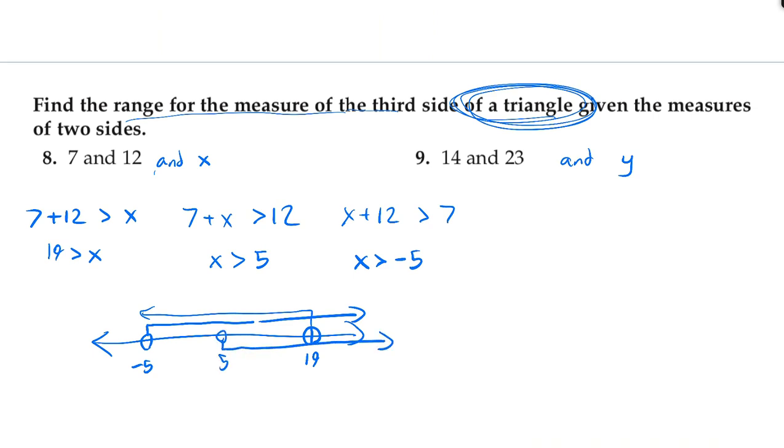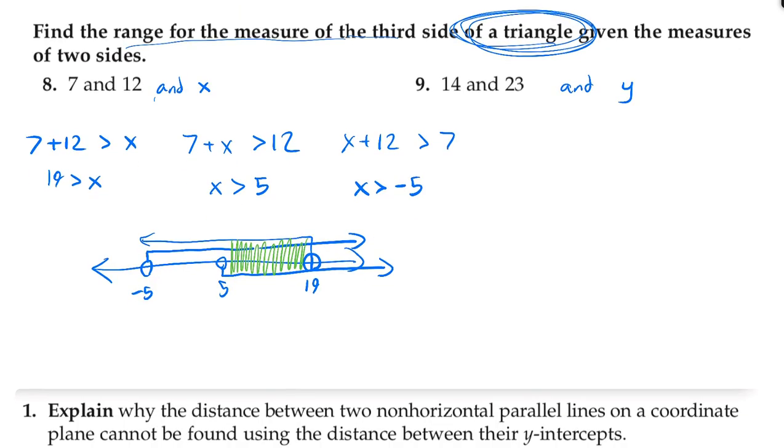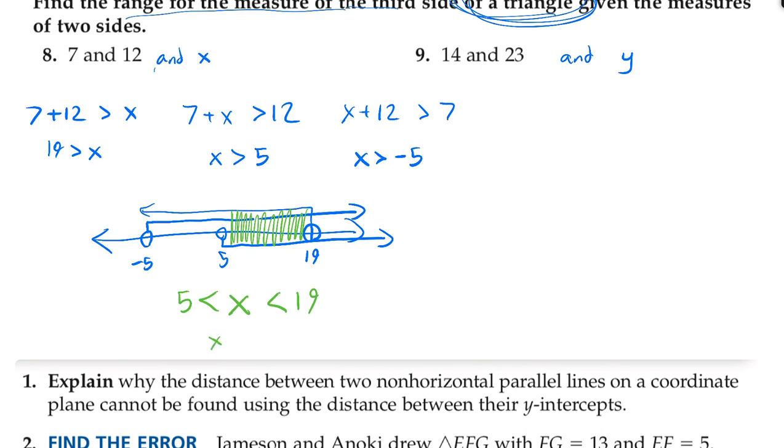So what's the only region where all 3 of those are true? Well, that's this region right here. And so the answer here would be x has to be, and we could write this as one compound inequality, meaning it's really 2 separate things together, but we could say x has to be between 5 and 19, which is really the same thing as saying x is greater than 5 and x is less than 19.